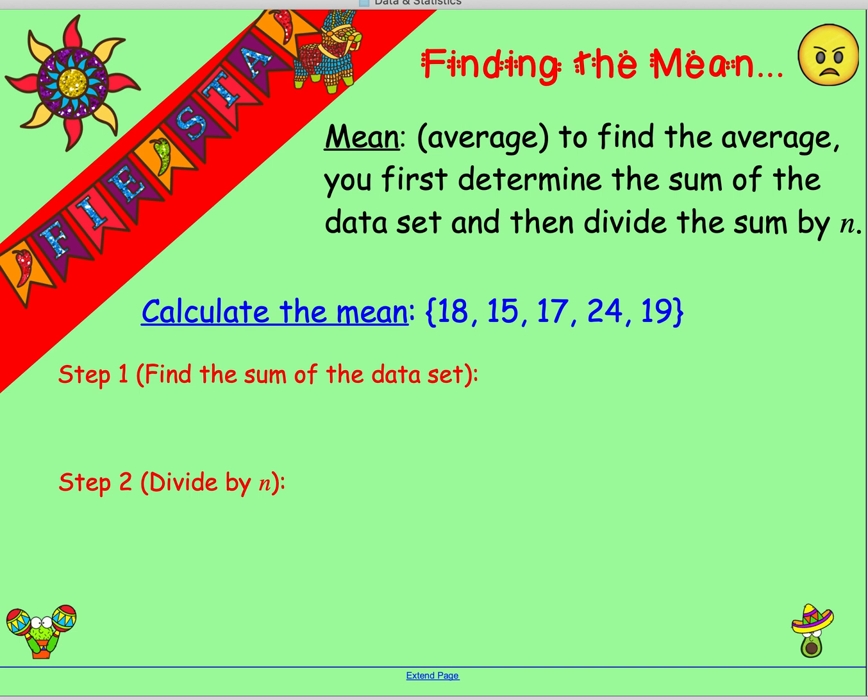So the first one that we're going to look at is the mean. Okay, so you probably did this in elementary school, so this should just be a review. The mean isn't about being angry. It's not an emotion. It's just finding what we call the average. So mean is the fancy word for average. And to find the average, you're first determining the sum of the data set, and then you're dividing the sum by n.